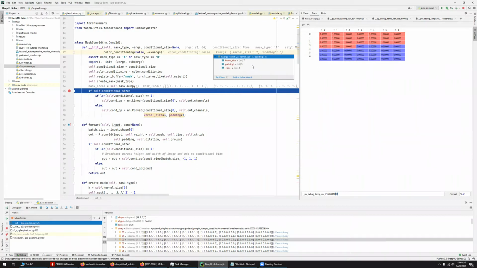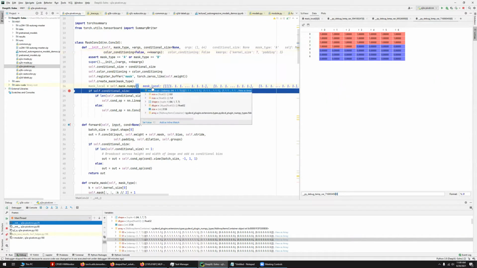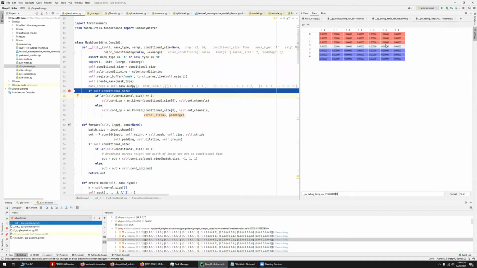Does that make sense why it's shaped like this? The kernel size given is 7, so it's a 7 by 7 matrix. The kernel and the mask must have the same shape, because that's what we slide along in the CNN.